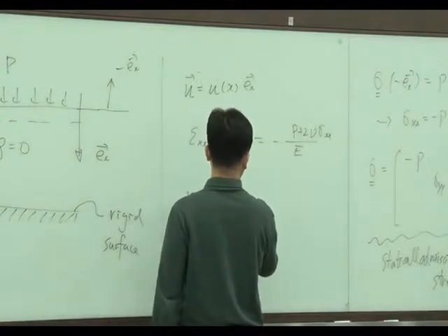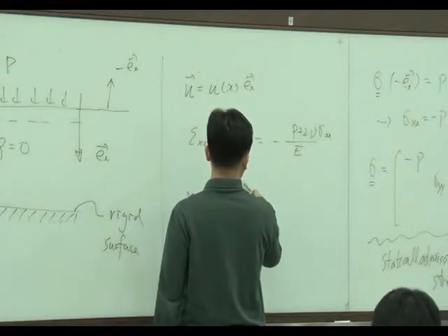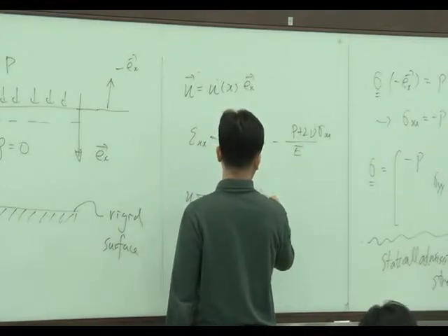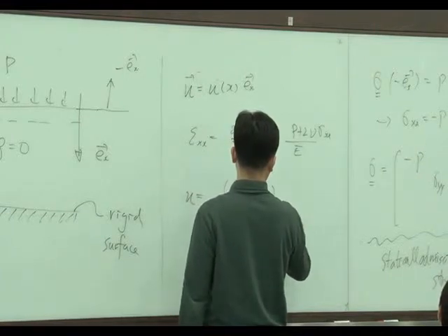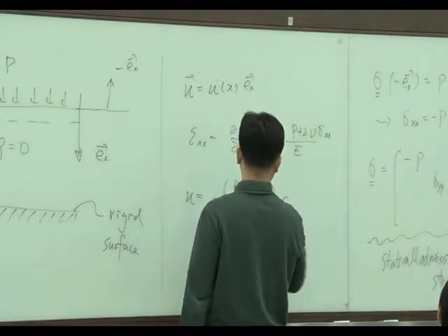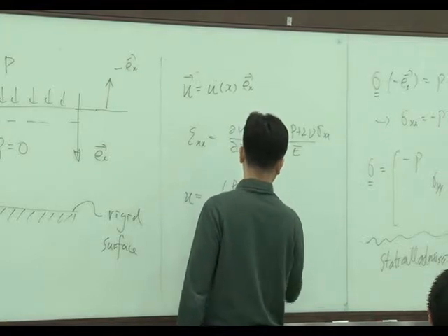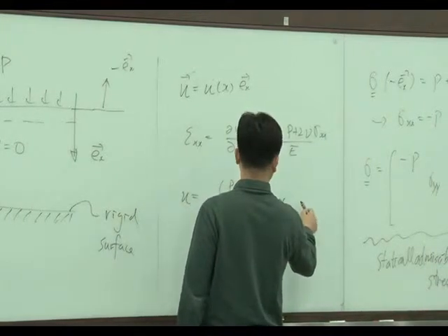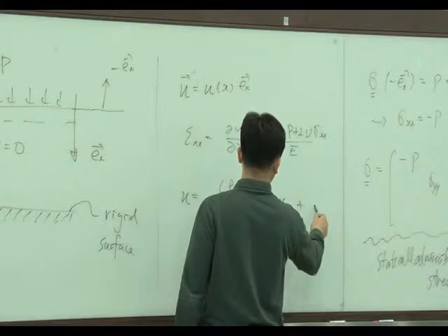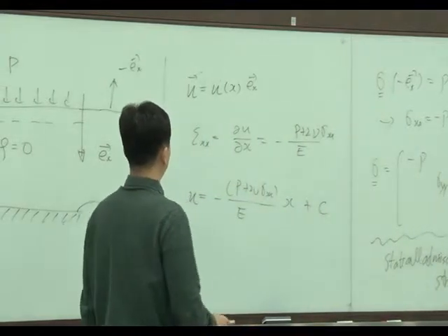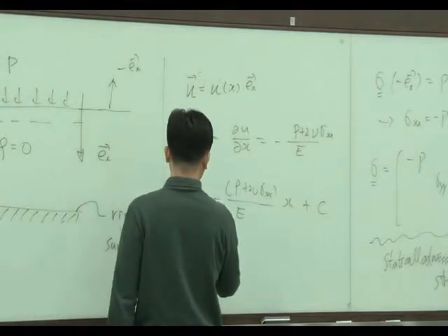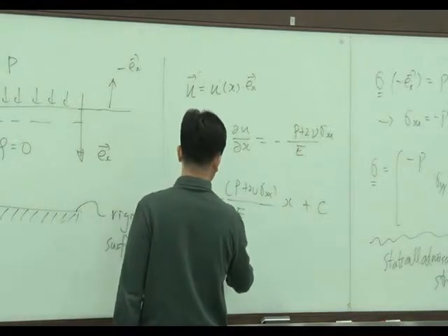E P plus 2 sigma XX and constant X plus C. And also strain YY equals 0.